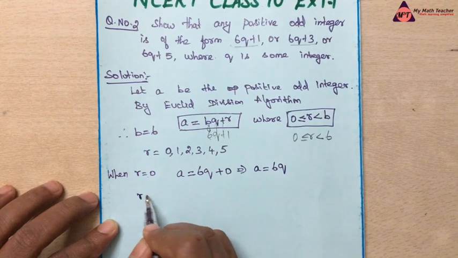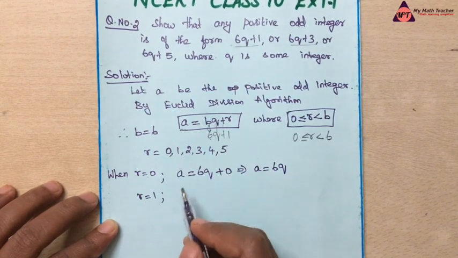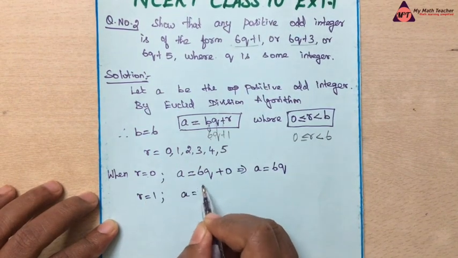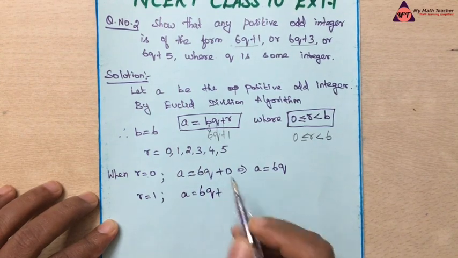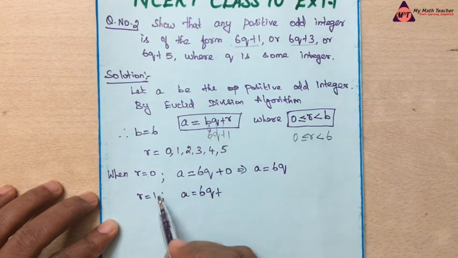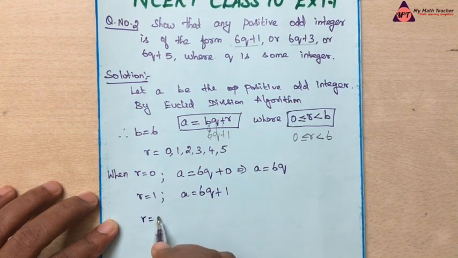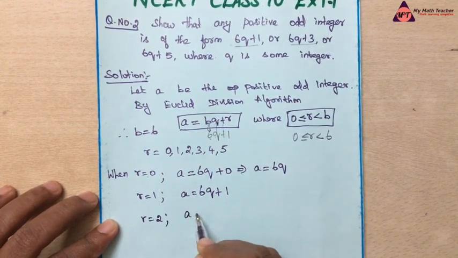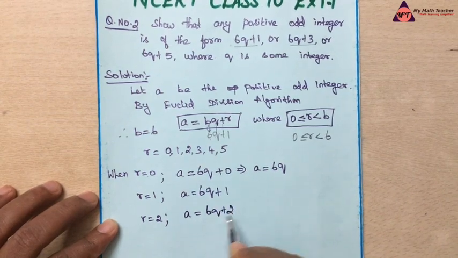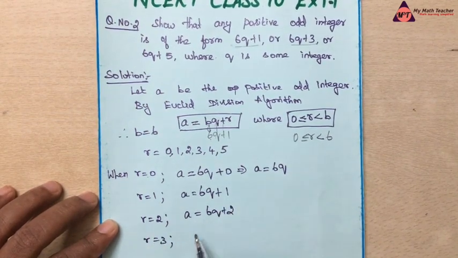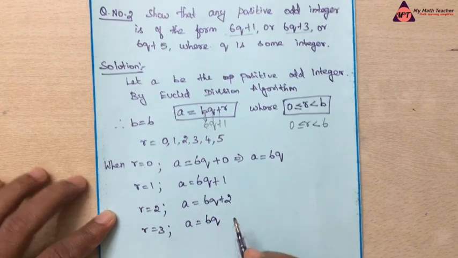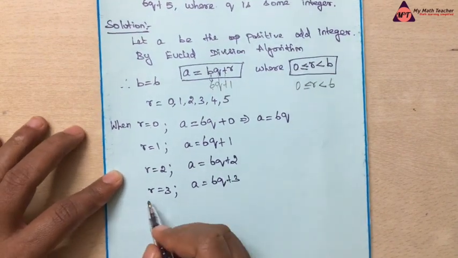Next, r is equal to the next number, that is 1. a is equal to 6q plus, what is r value now? It becomes 1. Okay, that's all. Now r is equal to 2. It will be a is equal to 6q plus 2. r is equal to 3. a is equal to 6q plus 3.